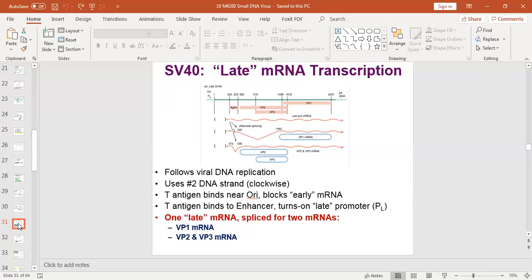It stops it. T antigen binds to the enhancer and triggers the late promoter, or PL, the promoter for late genes. The result is production of one late messenger RNA that, through alternative splicing, makes messenger RNAs coding for VP1, VP2, and VP3.